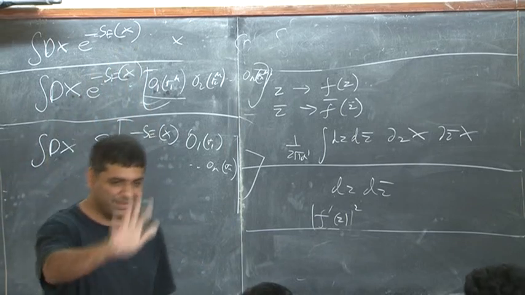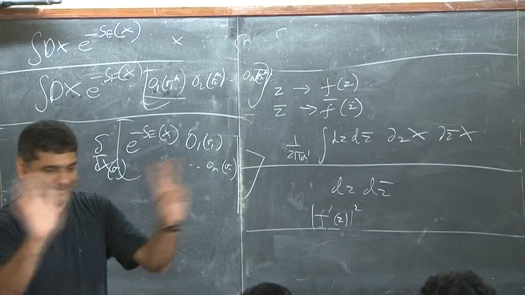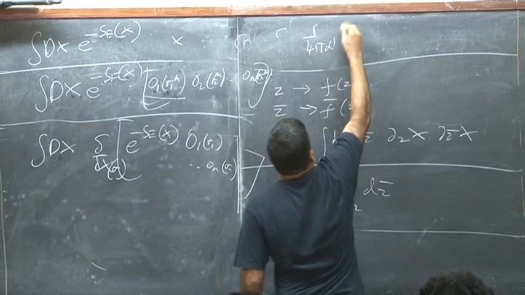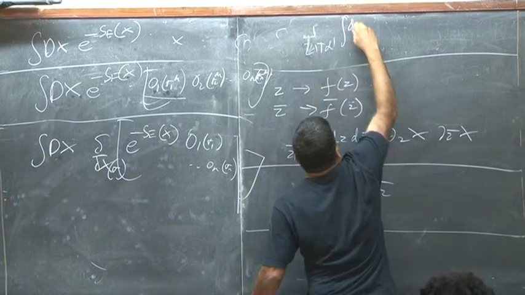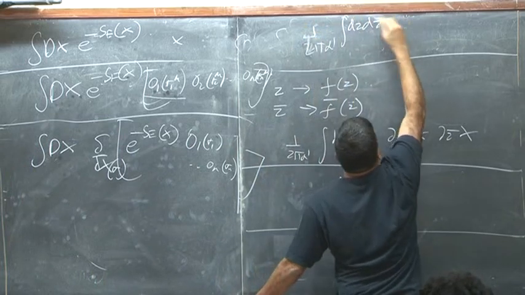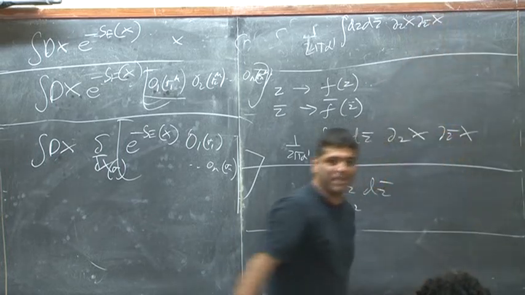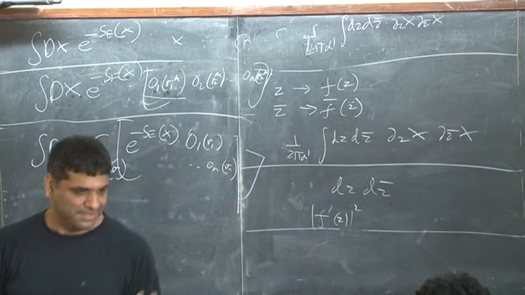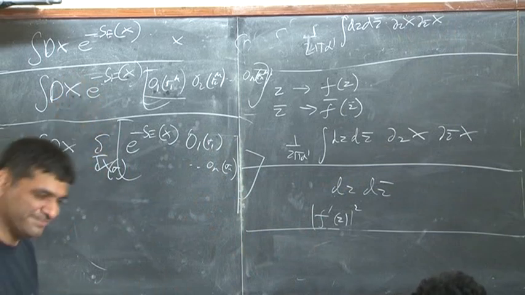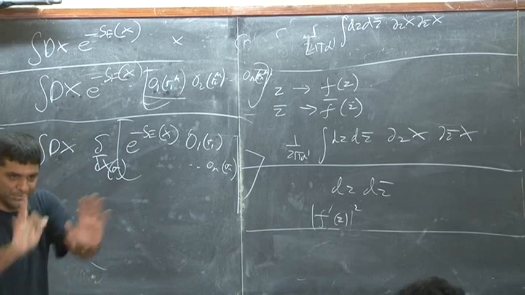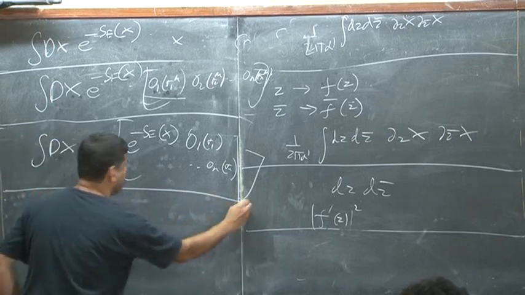We do have to continue that, but our action from now on is 1 by 4 pi alpha prime, the integral of 2 pi alpha prime dz dz bar, dz x dz bar x. X is an abstract field, and we're just looking at this one with this sign. We would have to do that continuation later.